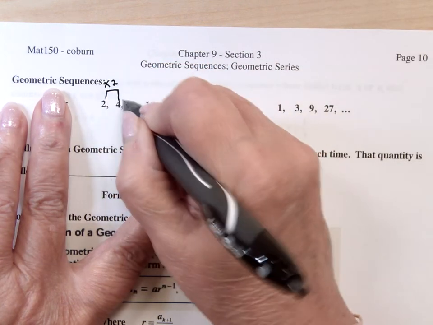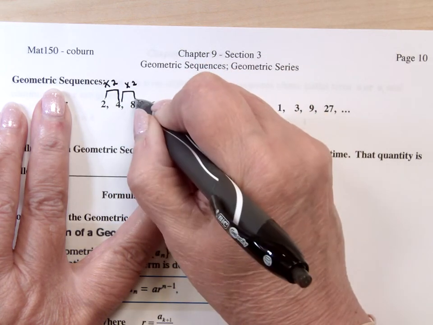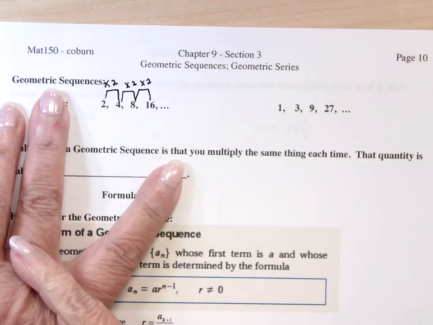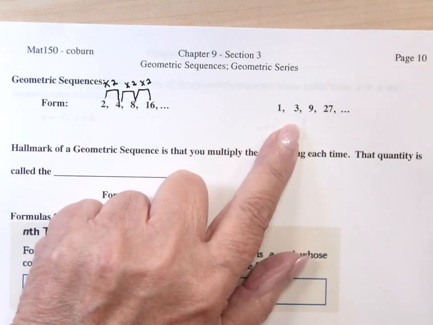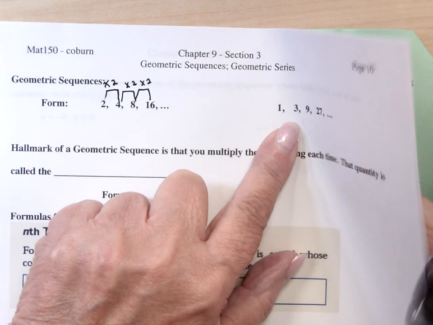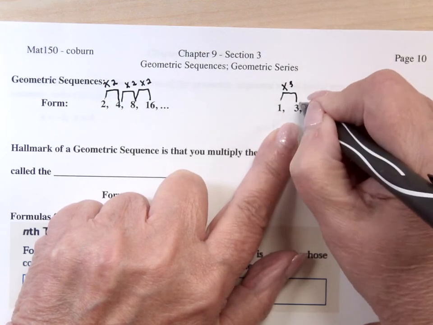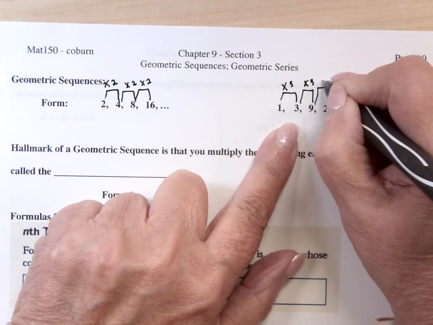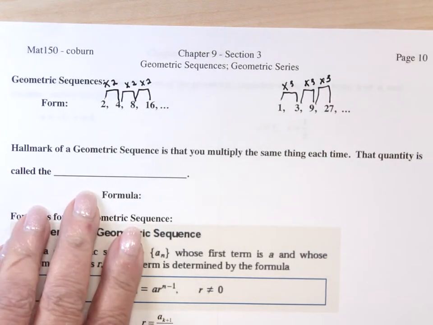Here I multiplied by 2 each time to get from one position to the next. Here I'm multiplying by what number? 3. The hallmark of a geometric sequence is that you are multiplying by the same thing each time.